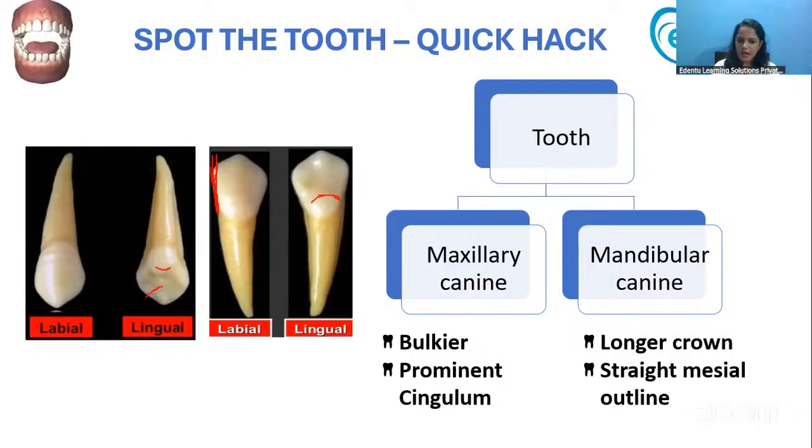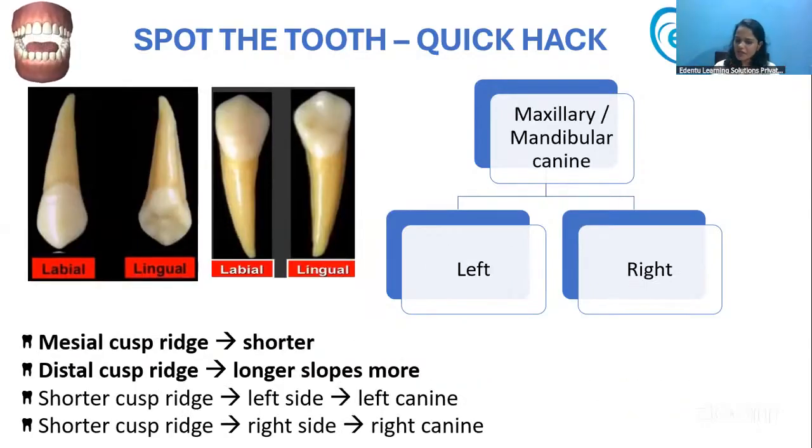Other than that, after identifying whether it is the maxillary canine or the mandibular canine, you have to look for whether it is the left side or the right side canine. You can identify it by looking at the mesial cusp slope and the distal cusp slope.